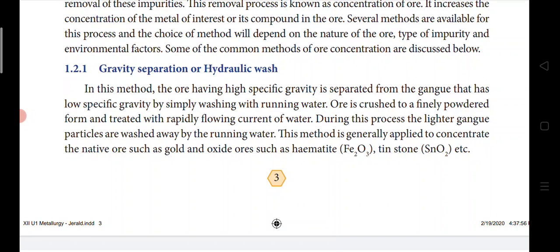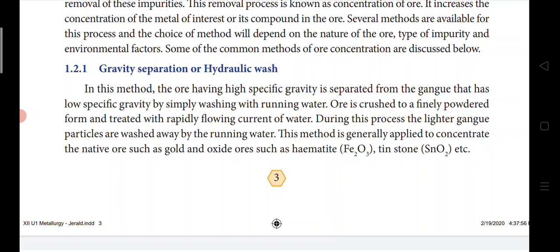Higher specific gravity means more density, and they will go down. The gangue has lower specific gravity, so it will simply be washed away along with the water. The one with higher specific gravity is separated from the lower specific gravity one, which is gangue, and it is washed away with the running water.